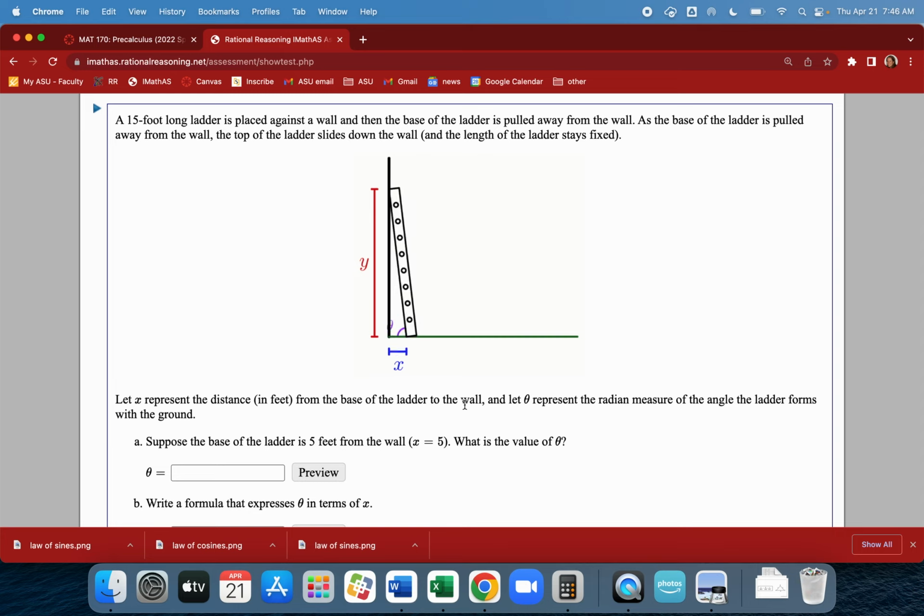Here I've got the same situation: a hypotenuse, which is the radius of the circle, and the x-coordinate, or the horizontal distance. So this is a cosine relationship that we'd want to use when x is 5, or when this ladder is 5 feet away from the wall at the base. So cosine of our angle would be 5/15 or 1/3.